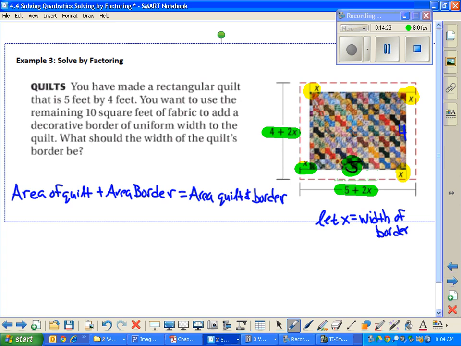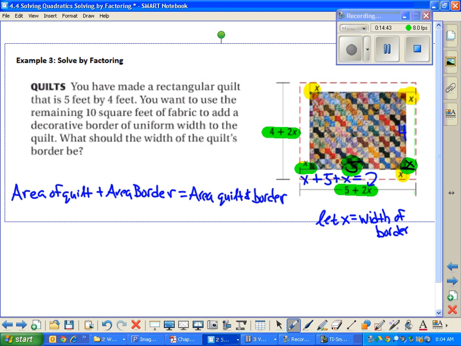And then they'd have to add on that same X right over here, that same border. Well, if we do 5 plus the X over here, plus the X on the other side, you just get 5 plus 2x.